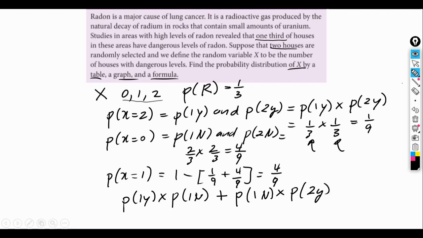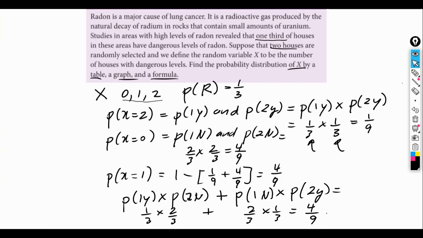So this would be the second house, not the first house. And notice that this should give us the same, because this would be 1/3 times 2/3 plus 2/3 times 1/3. And this also gives us 4/9.